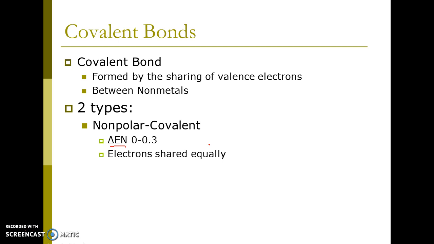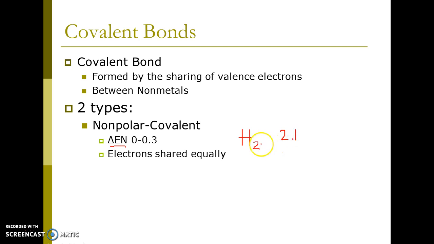what their electronegativities are. For example, let's say we have a bond, a covalent molecule of 2 hydrogens. And we want to determine if this is a nonpolar covalent bond. We are going to use our reference that you have printed out in front of you, and we're going to find hydrogen. Hydrogen has an electronegativity of 2.1.